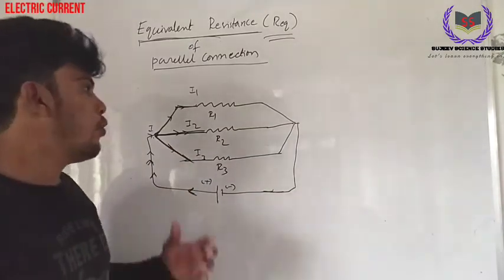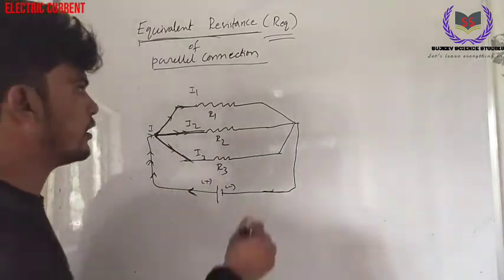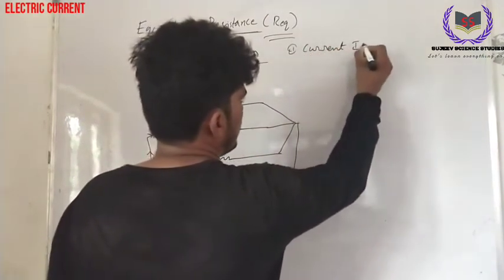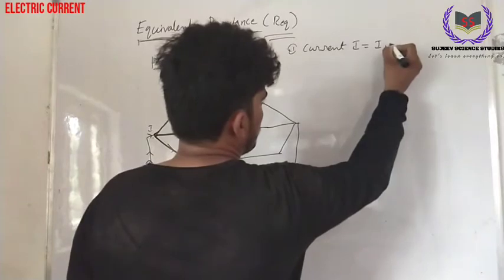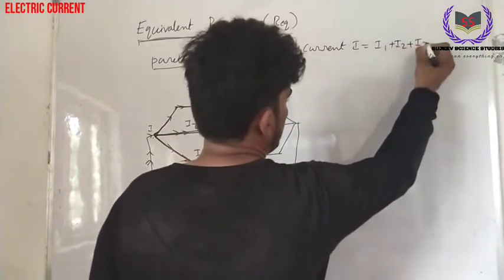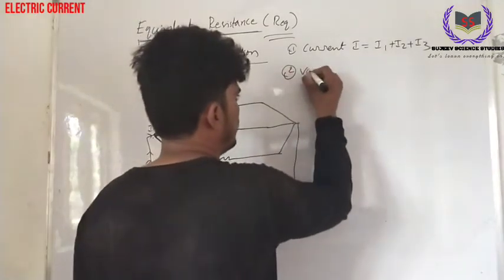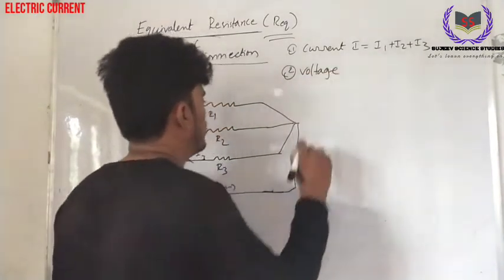Are you clear? What is the potential difference? In the first point, current I equal to I1 plus I2 plus I3. Yes or no? Then what about the second point, voltage or potential difference? Look at it.